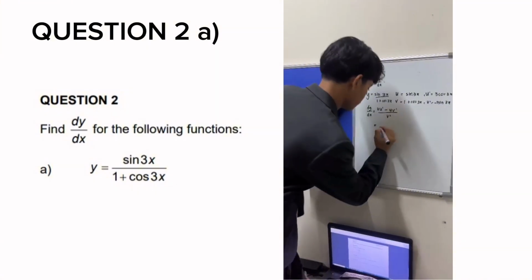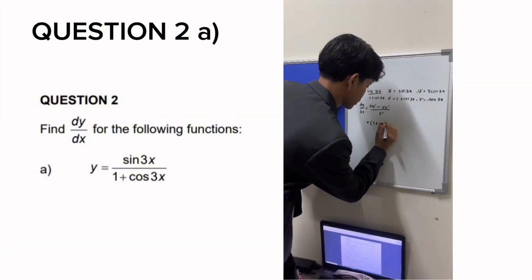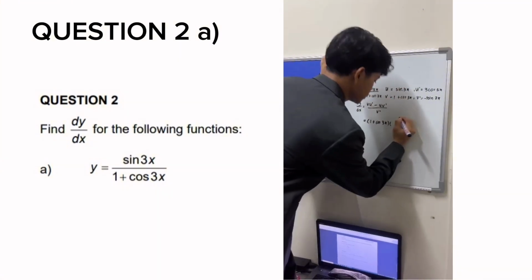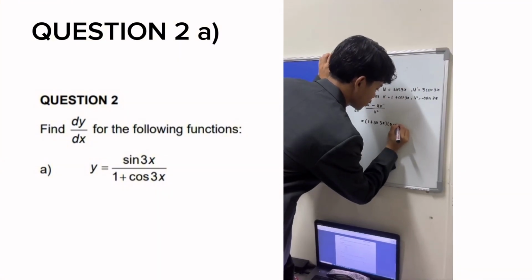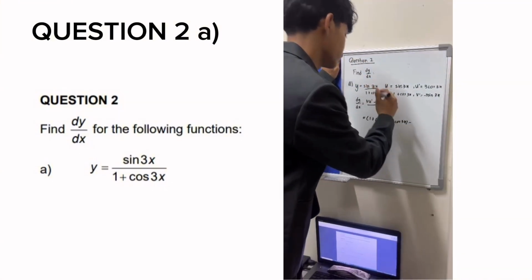So we start with v, which is 1 plus cos 3x, times u prime, which is 3 cos 3x, minus u v prime.